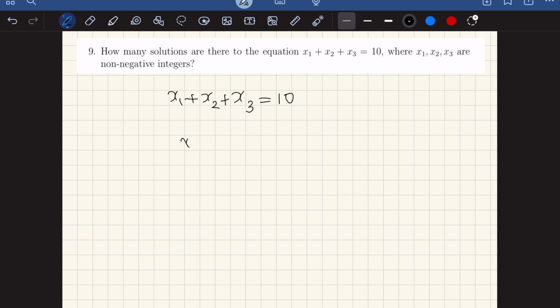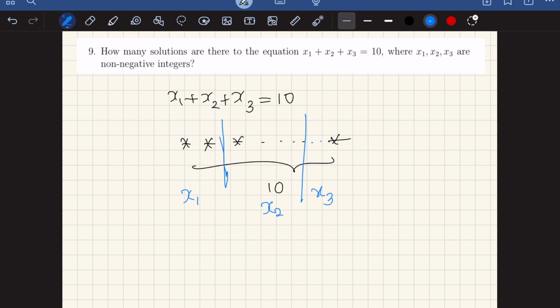Let's say there are 10 stars, and x1 is like putting x1 stars into the first partition, x2 stars into the second partition, and x3 in the remaining one. Because x1, x2, x3 are non-negative, you can use the stars and bars counting.